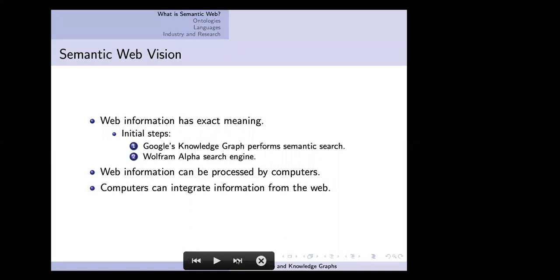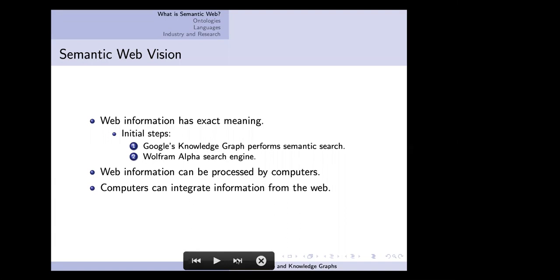Also, the Wolfram Alpha search engine, maybe you've heard about that, is a very, very advanced one that uses knowledge graphs under the hood and is able to give you very sophisticated search results and answers to quite complex questions from a mathematical perspective. If you know the software Mathematica, for example, which is from Wolfram, the company, they have a lot of mathematics-based and physics-based search engine results there.